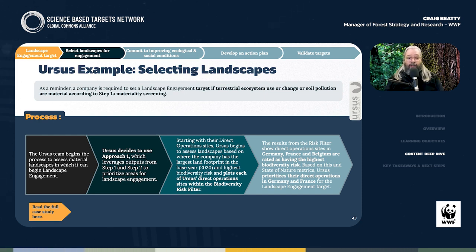The results show that direct operations sites in Germany, France, and Belgium are rated as having the highest biodiversity risk. Based on the assessment, using a combination of land use area and state of nature metrics, the team decides to prioritize their direct operations in Germany and France for the landscape engagement target.